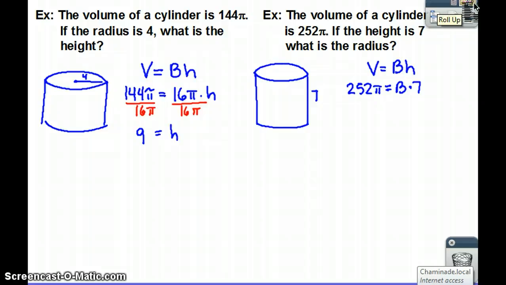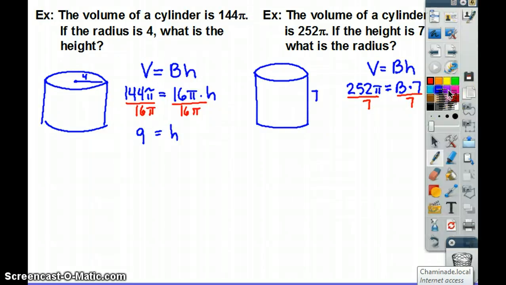I have to solve for that area of the base. So to do that, we have to get rid of the 7. Divide both sides by 7. That gives me the area of the base as 36 pi. Well, the base is a circle, and I know to find the circle, I take pi r squared, so this 36 must be my r squared, so my radius is 6.